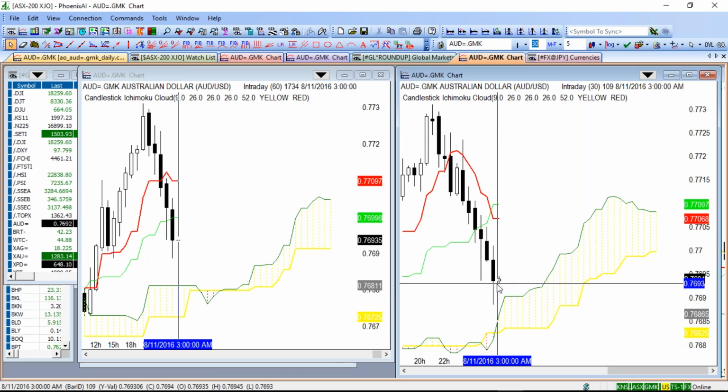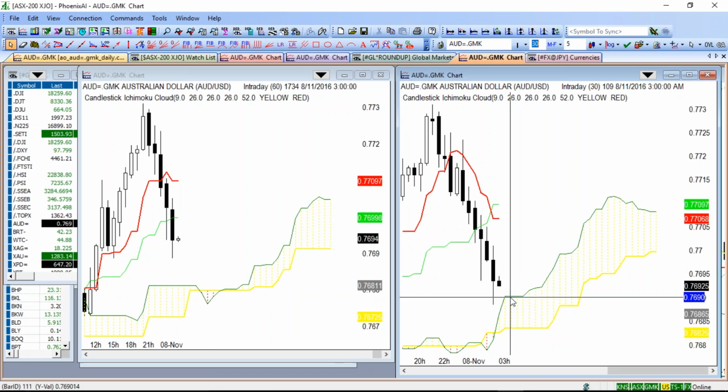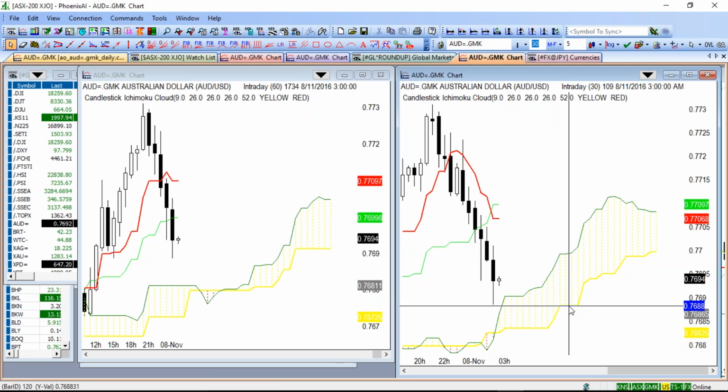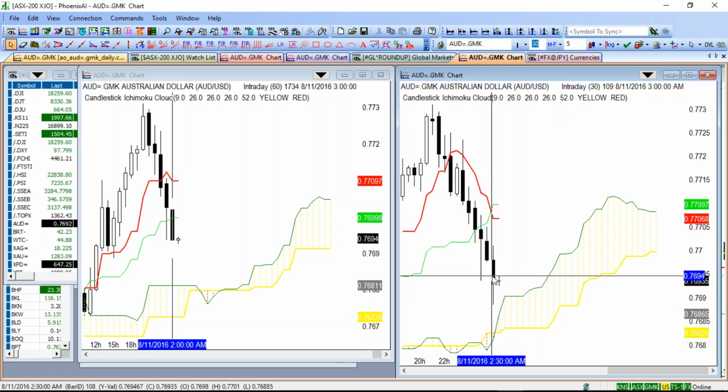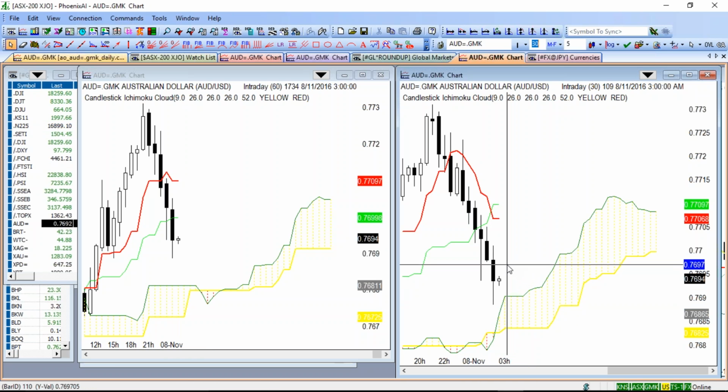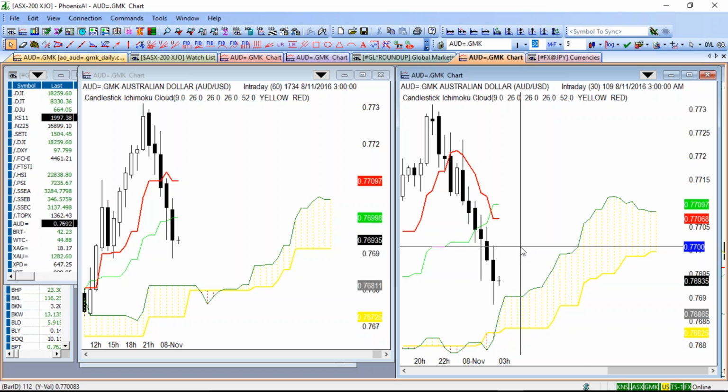With any further weakness, we would be looking for support again at either the B line here at 76.88 or the A line here at 76.90. So there's 2 pips between them. You need some evidence here to suggest that there is support there, and evidence would be a pivot point or some form of entry into a potential reversal out of there.